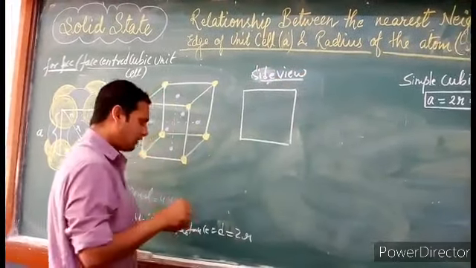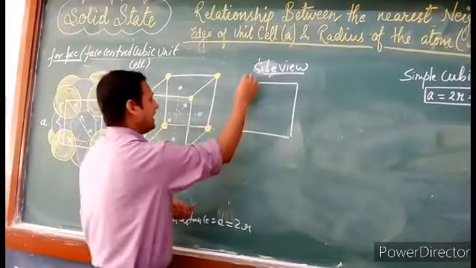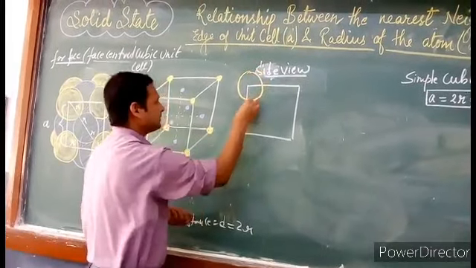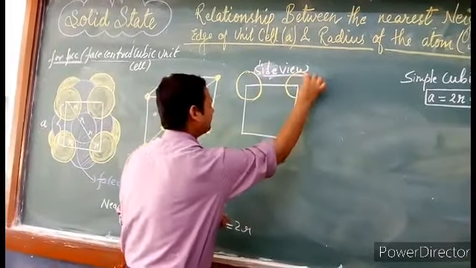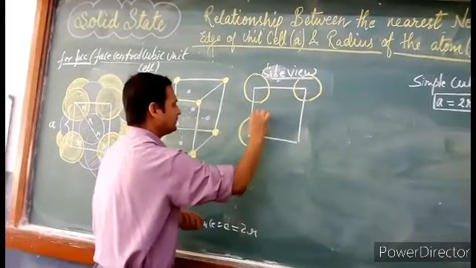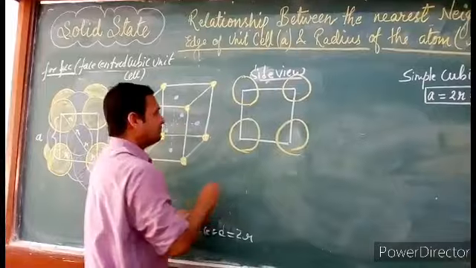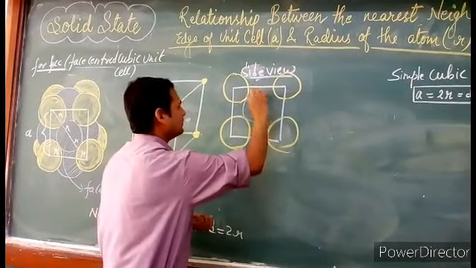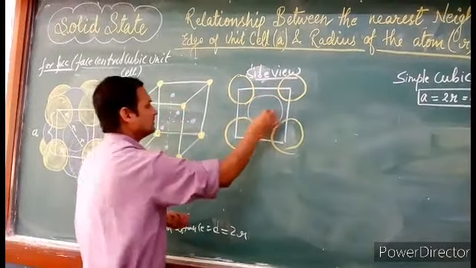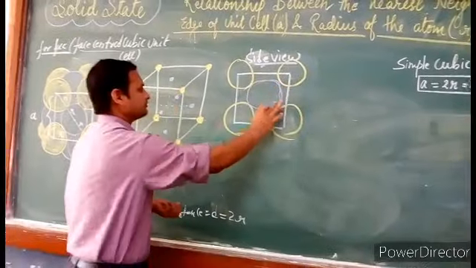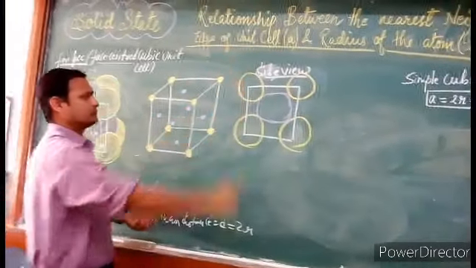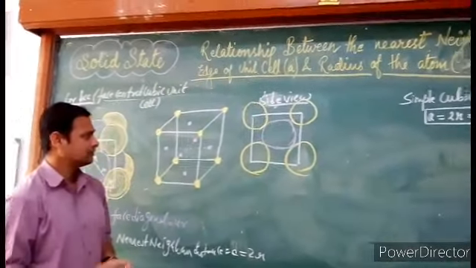In side view what we have seen, we are having atoms at the four corners, and these atoms are attached to an atom in the face.